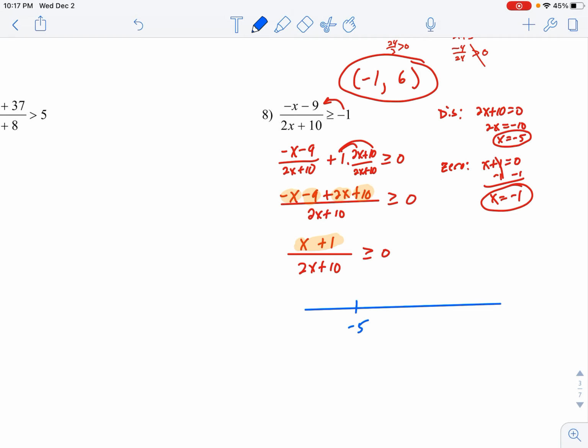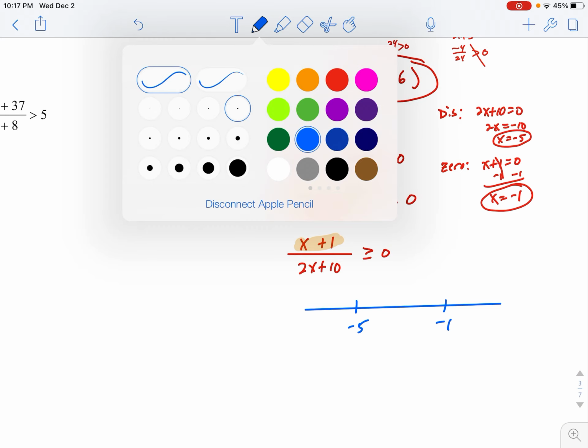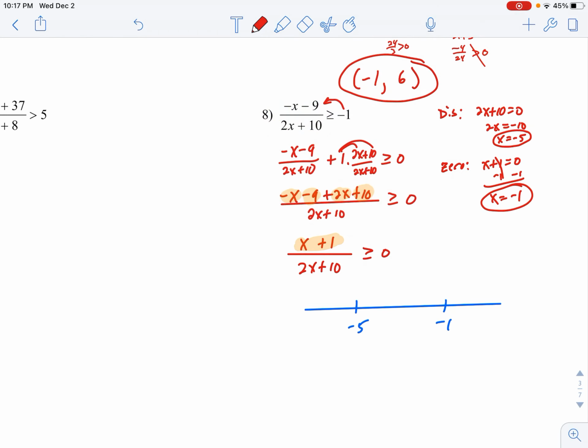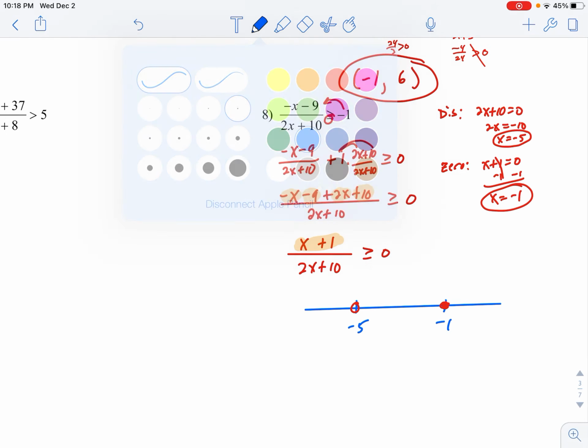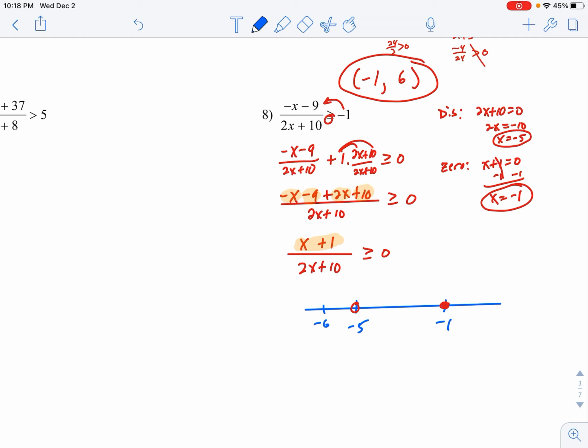Negative 5, negative 1. The negative 5 is a discontinuity, so it gets a circle. Negative 1, the 0, there is an equal sign in the original problem, so that gets a dot. My test numbers are going to be negative 6, how about negative 2, and 0. So plug those in and work them out.